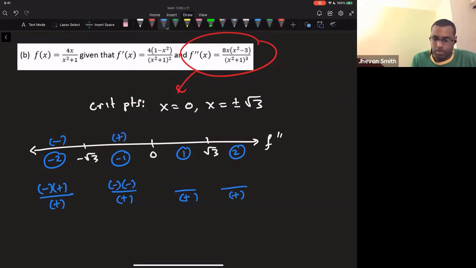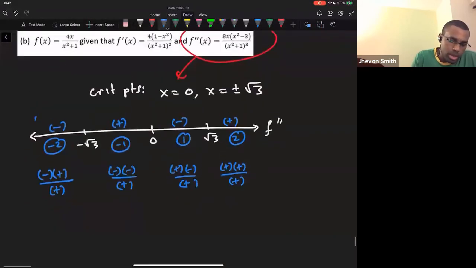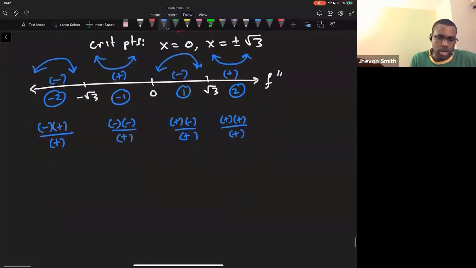It's positive. If I plug in a +1, I would get a positive times a negative. It's a negative. If I plug in a +2, I would get a positive times a positive. It's a positive. So this means I'm concave down, concave up, concave down, concave up. And these guys are all inflections.